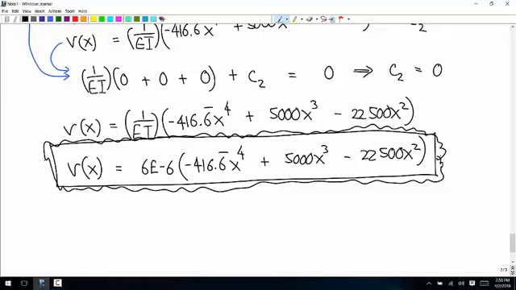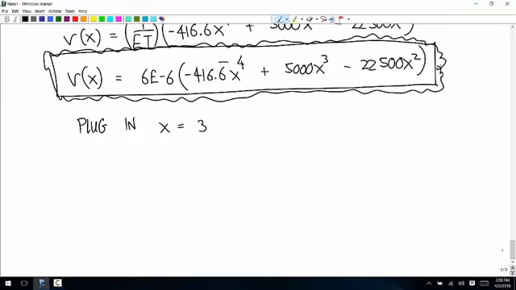Then we also want to plug in x equals 3 and see what the total deflection is over the length of this beam. Could a couple people punch in those values and make sure the answers agree? So the deflection at x equals 3.